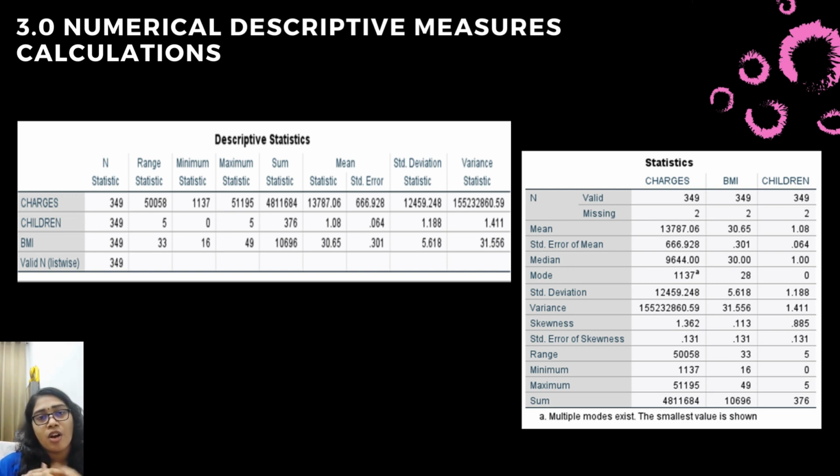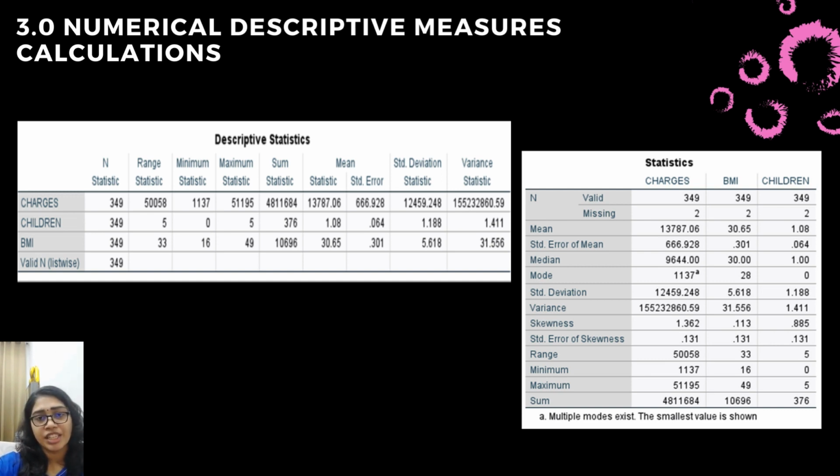Skewness for charges is 1.362, for BMI 0.113, for children is 0.885. Standard error of skewness for charges is 0.131, and BMI and children same as the charges.